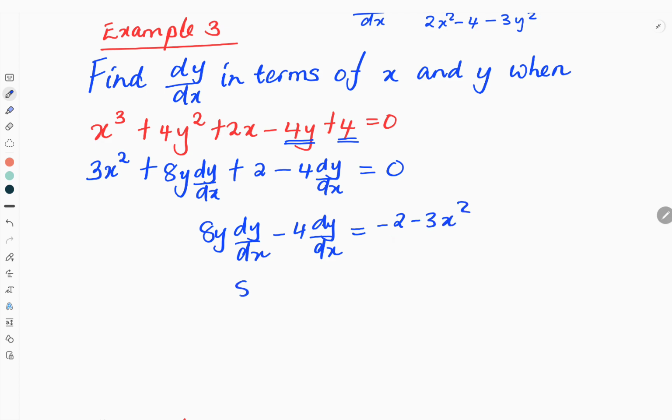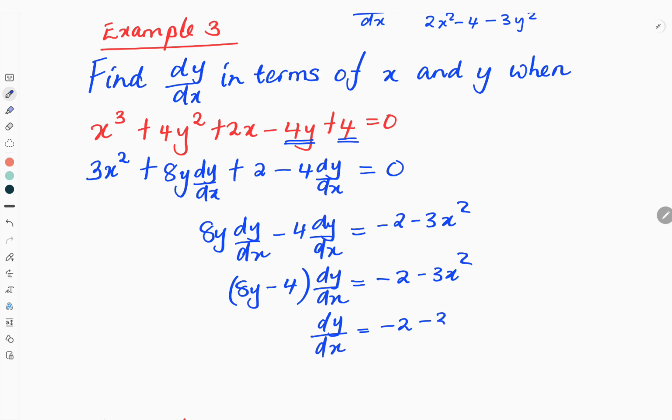Then we factor out dy/dx: 8y minus 4 in a bracket, dy/dx is equal to negative 2 minus 3x squared. Finally, you divide both sides by 8y minus 4. Then dy/dx is equal to negative 2 minus 3x squared, all divided by 8y minus 4. And that's how you differentiate this function.